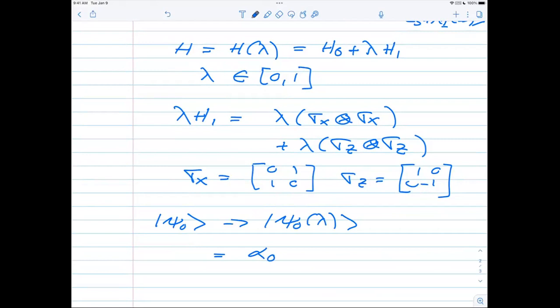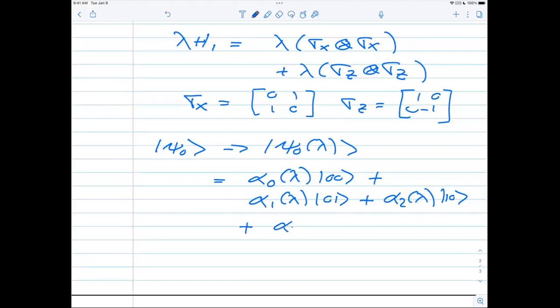These are actually the eigenvectors which result from diagonalization, which will depend on lambda, plus an alpha 1 of lambda of 0, 1, plus an alpha 2 of lambda of 1, 0, plus an alpha 3 of lambda of 1, 1. So that's going to be the combination of these different coefficients. And since I have a 4x4 matrix, there will also be 3 additional eigenvectors. So there will be a psi 1, psi 2, and psi 3.